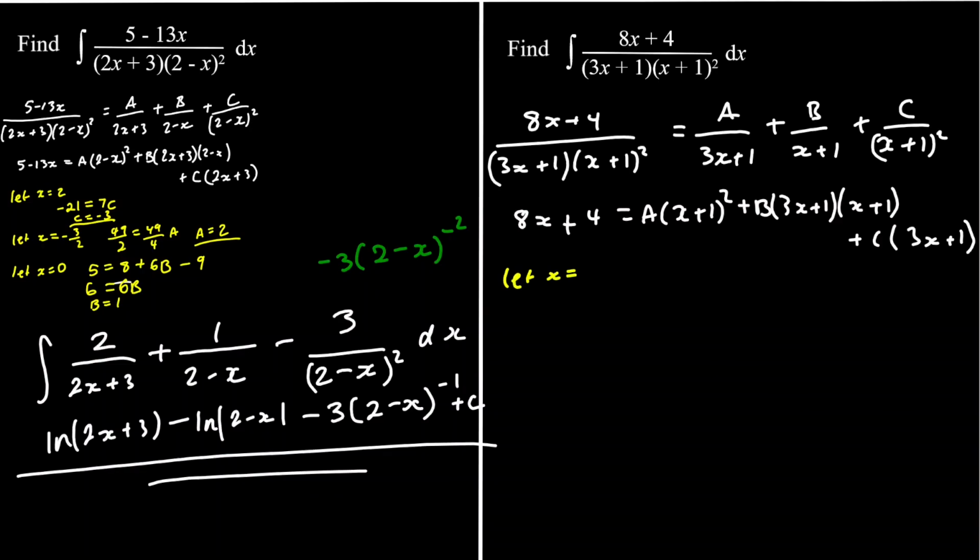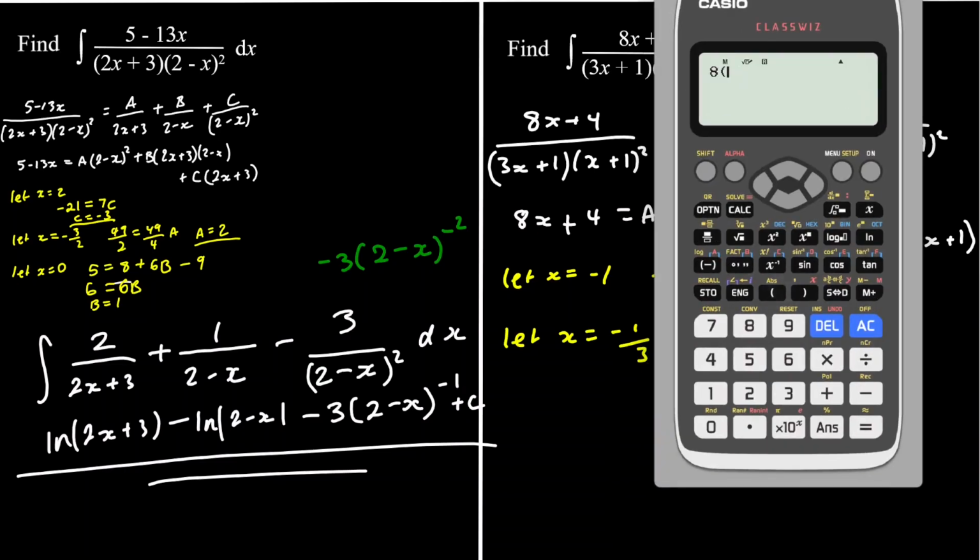Let x equal negative 1. We will get negative 4 equals negative 2c. So c is 2. Let x equal minus a third.